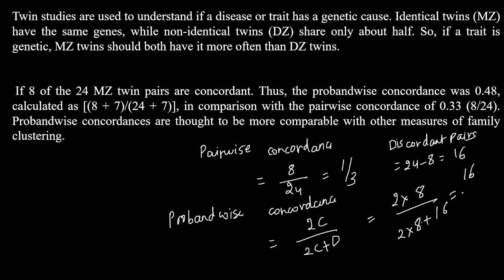So you can say 0.5, 50%. 50% is the chance that the other twin is going to be affected.